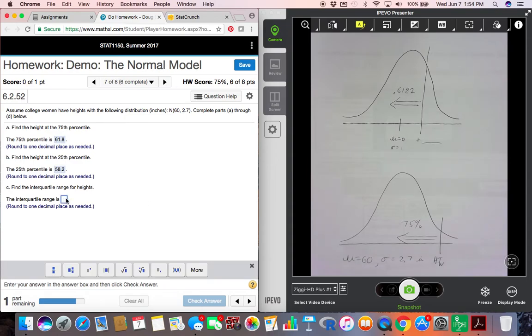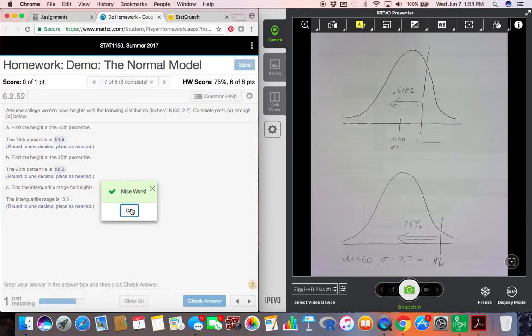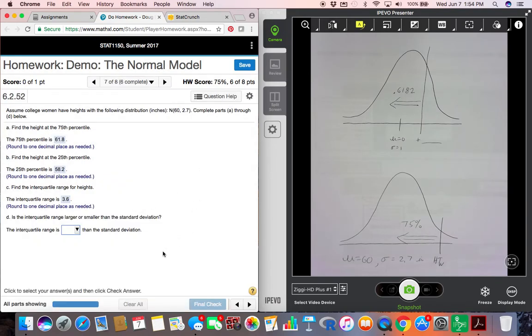Well, guys, it's just the difference. So it looks like to me that's going to be 3.6. Is the interquartile range larger or smaller than the standard deviation? Well, guys, the standard deviation is 2.7. This is clearly larger.